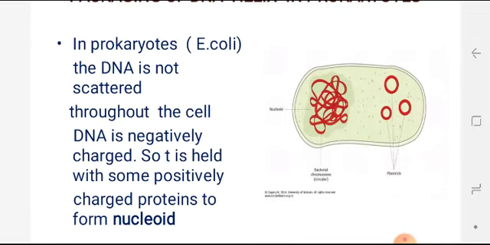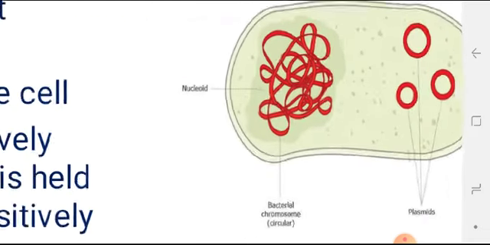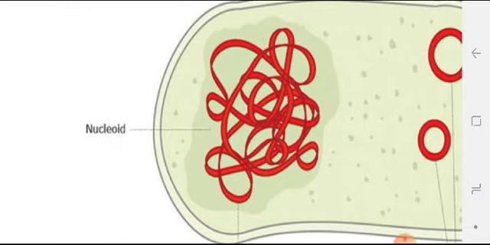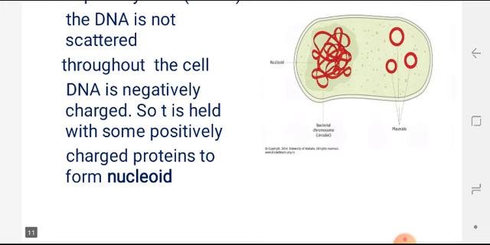DNA is negatively charged, so it is held with some positively charged proteins to form nucleoids. Here we can see the structure of nucleoids in E. coli. The nucleoid is composed of negatively charged DNA and positively charged proteins.